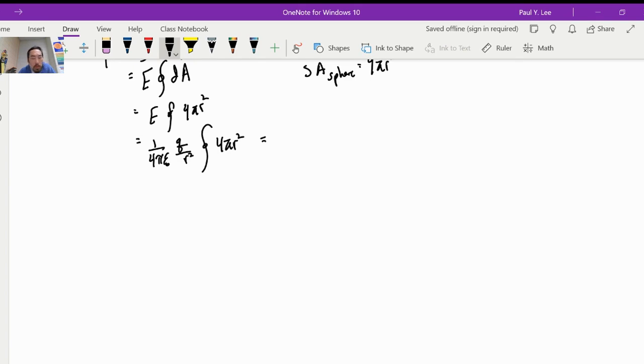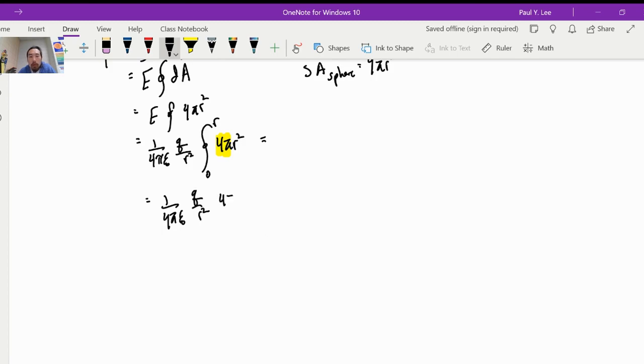And so from here, we can use the rules of calculus and pull out all the things that are constant. So I'm going to highlight it. The number 4 is a constant, pi is a constant, right? And this r squared, that's what we're taking the integral of, and we're just going from 0 to r, and so that just makes it r squared when we take the integral of r squared. And so what happens there is we get 1 over 4 pi epsilon naught q over r squared.